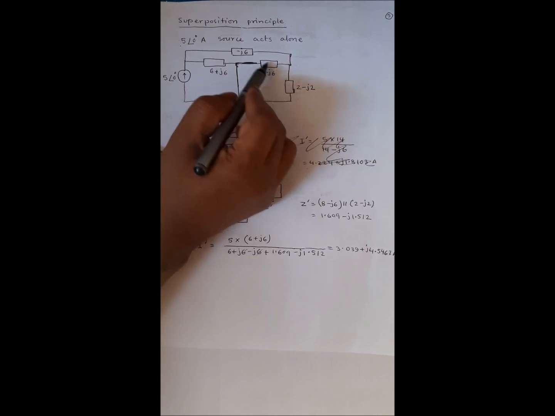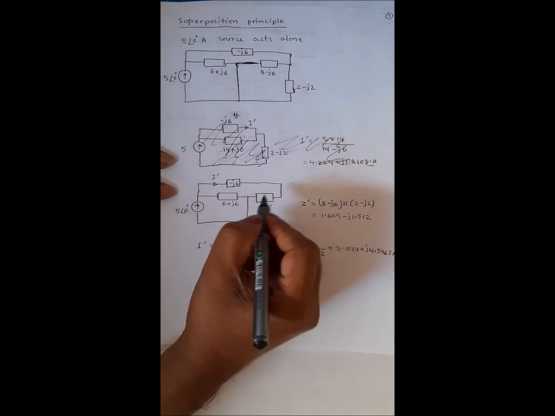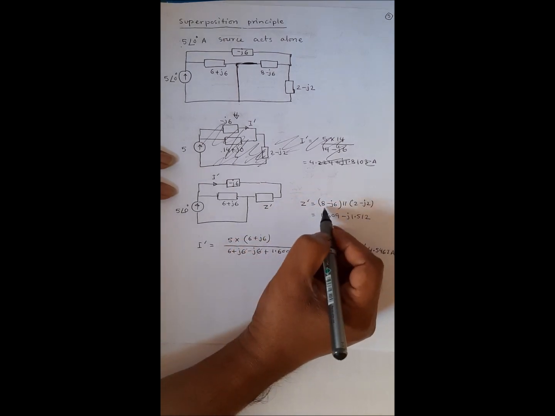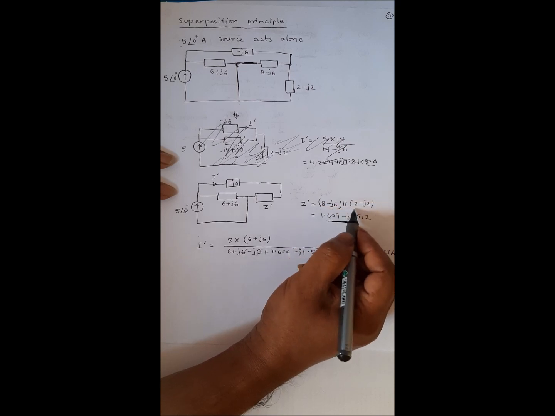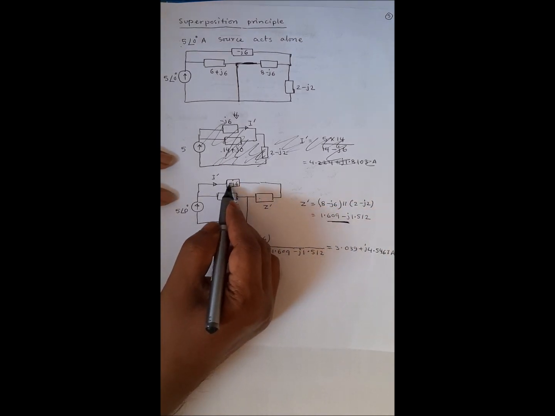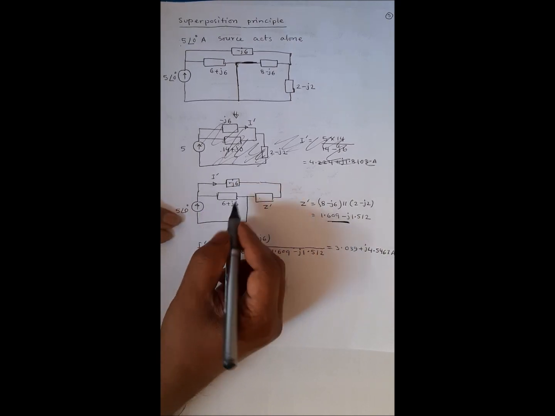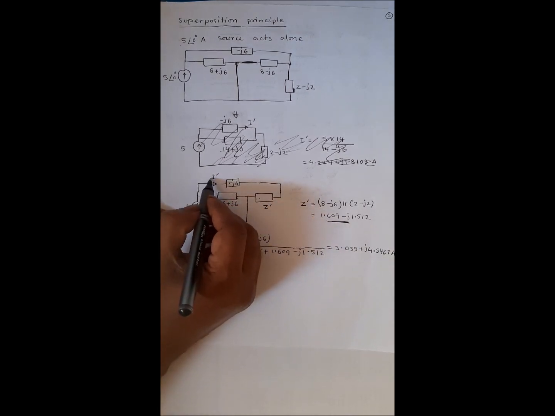So we can combine these two, and that will be Z prime, the combination of this 8.6 parallel with this. The Z prime will be in series with -j6, and in parallel with 6 plus j6. So you can find the I prime.